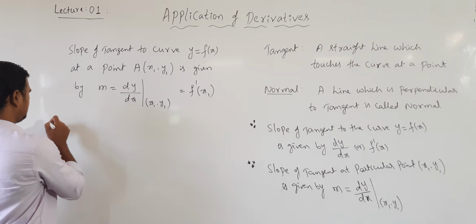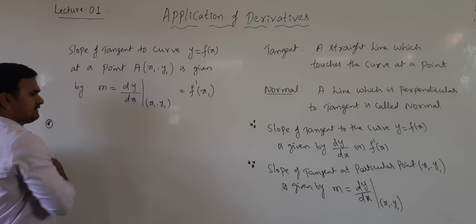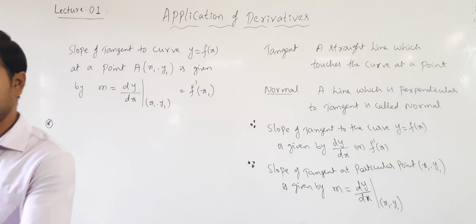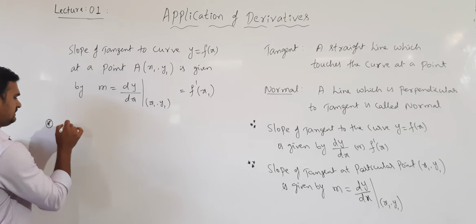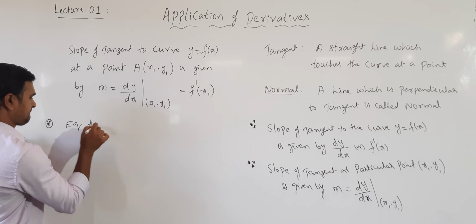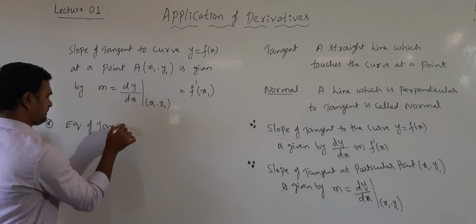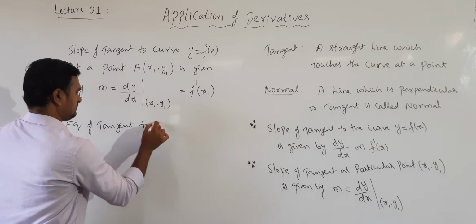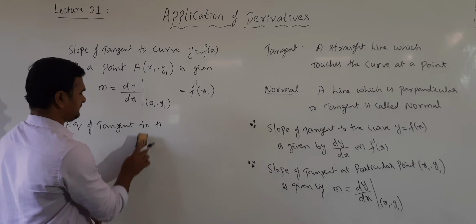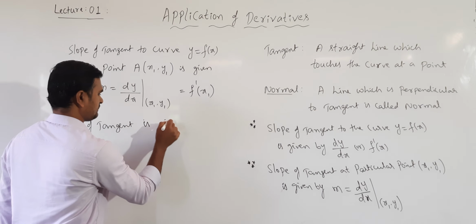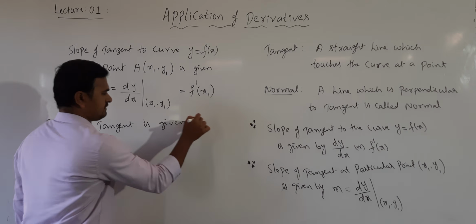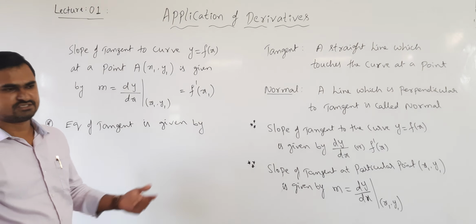Now we know the slope. Then how can I write the equation of tangent to the curve at that point? Tangent is in the form of a straight line.